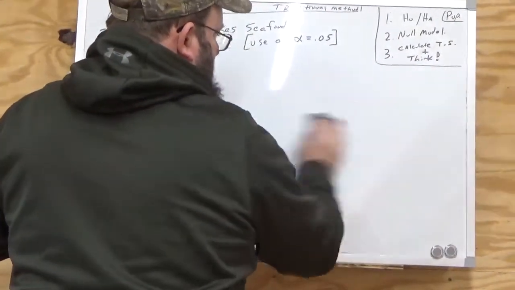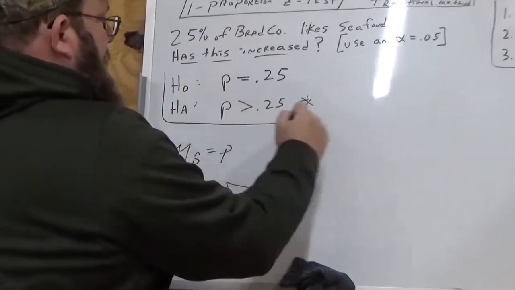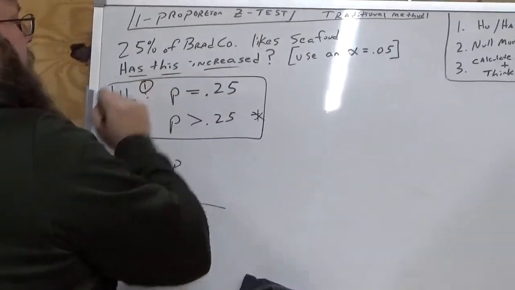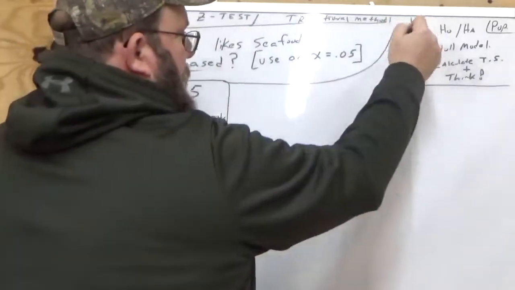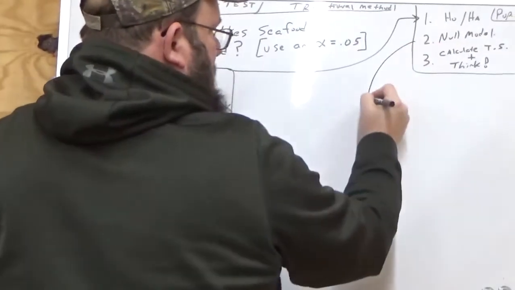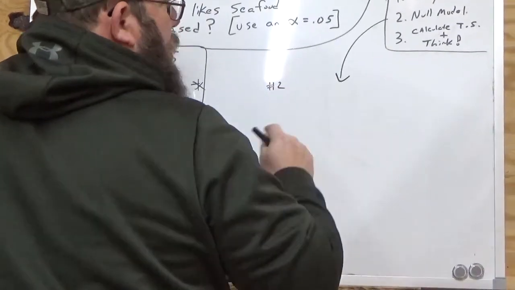Our null model. So, all of this in the box, this is number 1 up there. Boom. All of this right here. Now we're going to make a null model. The null model is going to be right here, number 2. Okay? The null model.